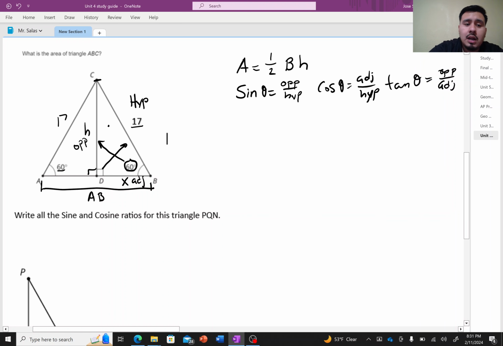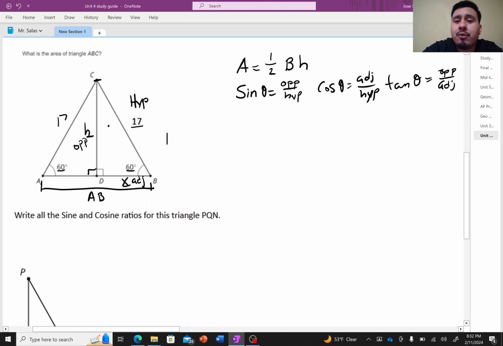Let me erase these arrows real quick. I need as much space as I can. Alright, so I need to figure out H and X. I was given the hypotenuse at 17. I have the H, I have the adjacent. Which one do I want to solve for first?